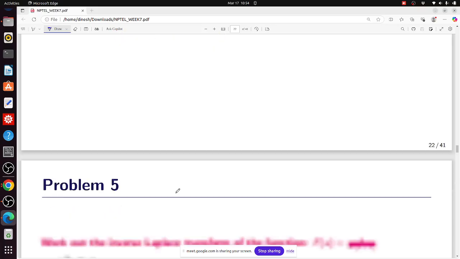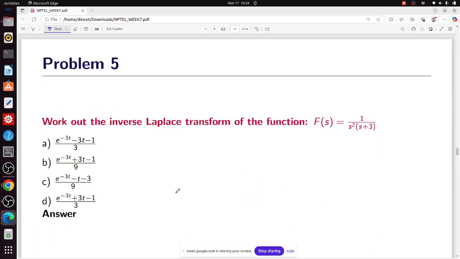Next problem is: work out the inverse Laplace transform of the function f of s, which is equal to 1 by s square into (s plus 3). Let's see how we can compute this.